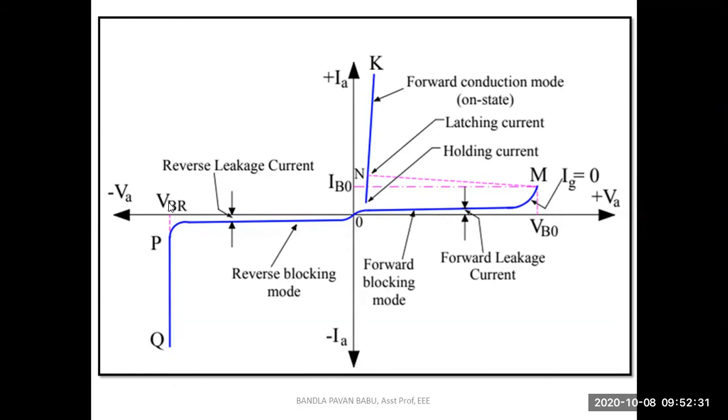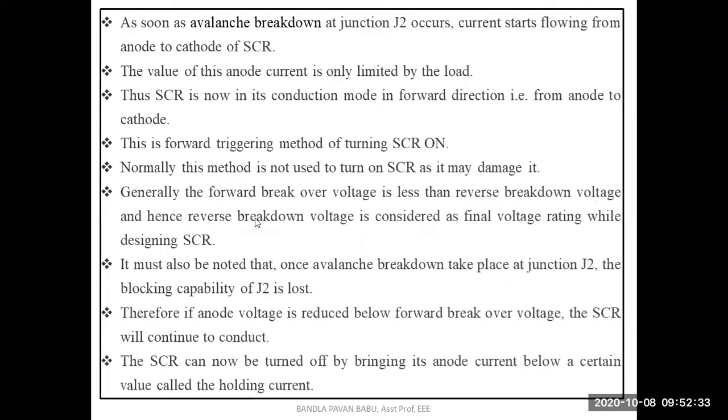We might see this in household appliances or household switches, where the maximum voltage and maximum current are marked. Like this, for designing a switch, we consider the reverse breakdown voltage as the final voltage rating, the maximum voltage.